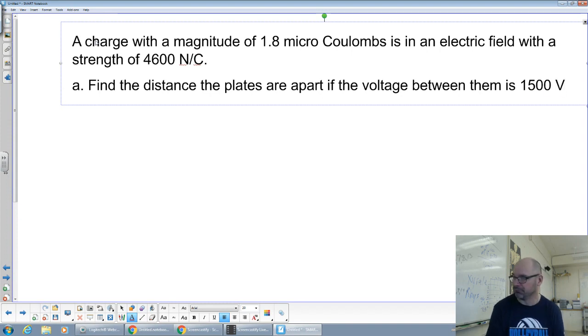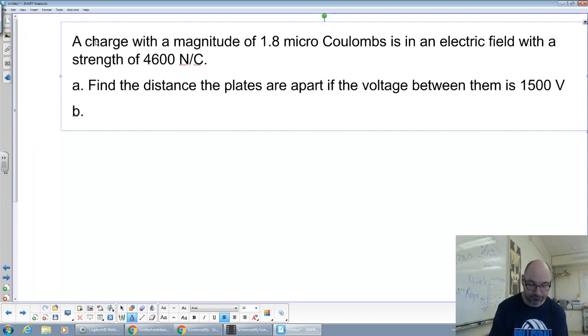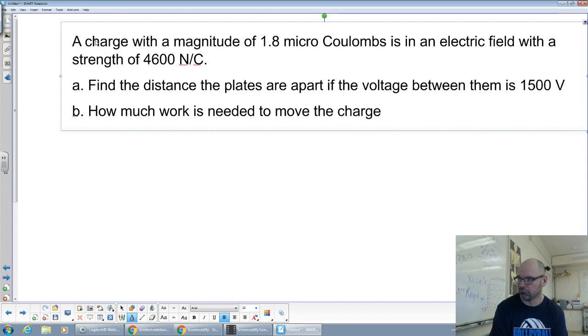Really charged up. We got a bigger force than an electron in there. And B, how much work is needed to move the charge to the positive plate?